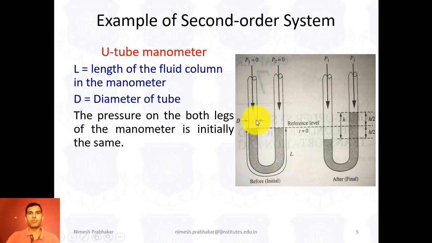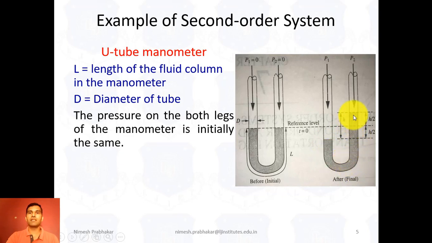But if P1 is greater than P2, that means if we apply more pressure here, then due to this more pressure, this mercury level is increased.